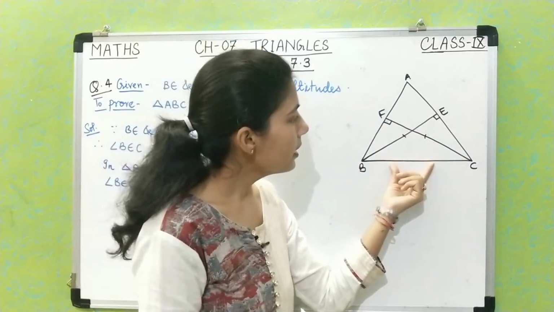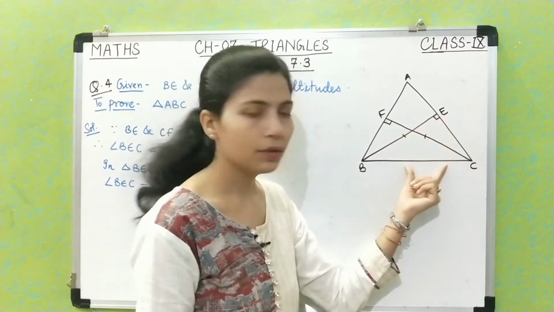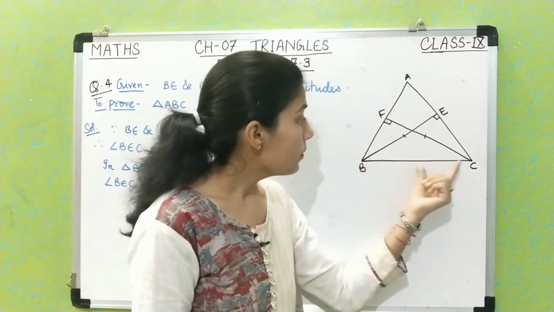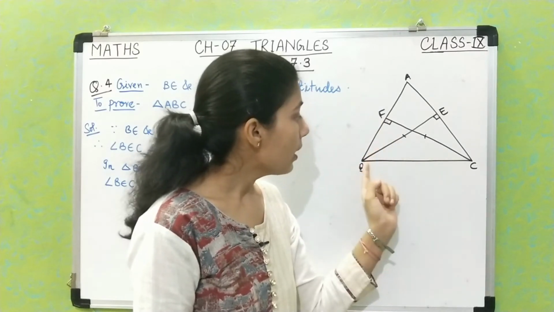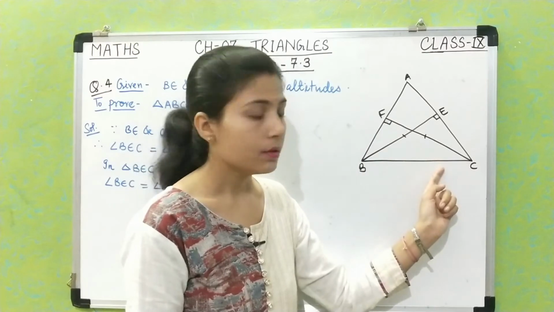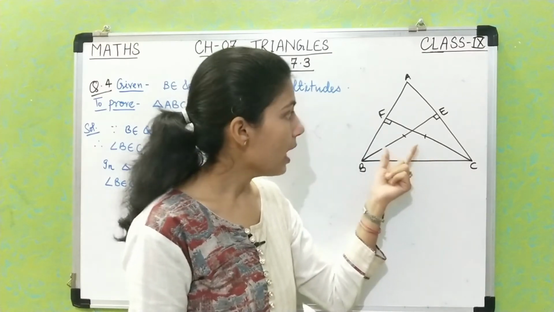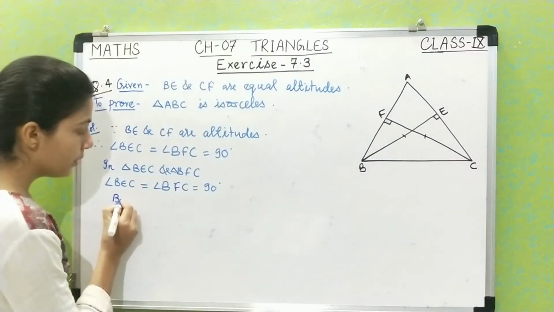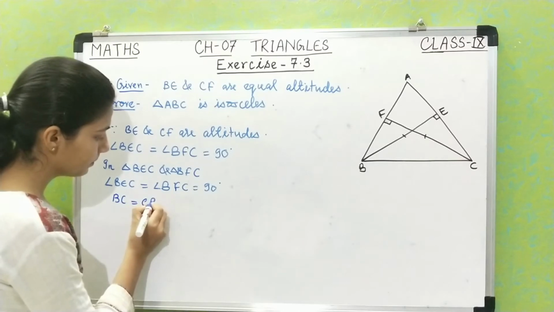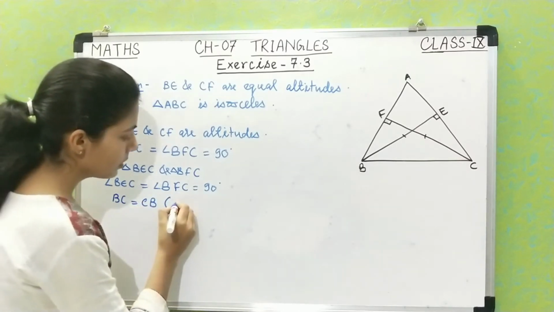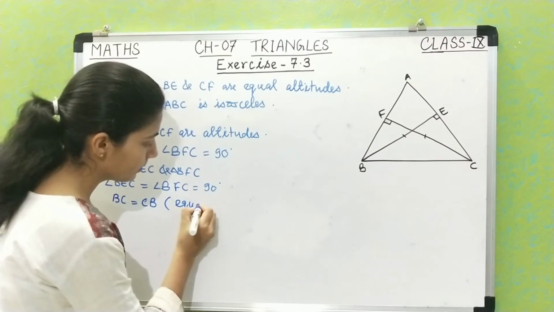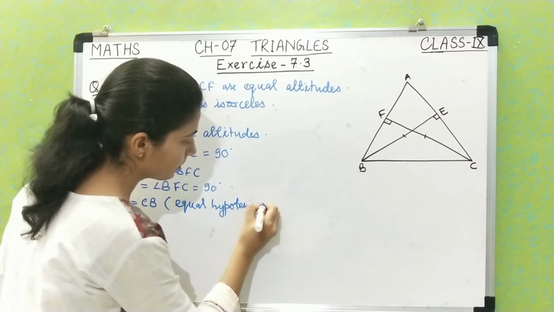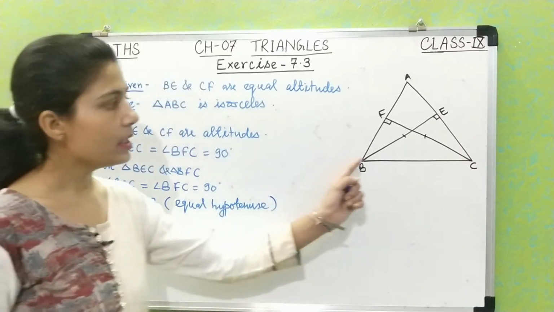So this side BC is opposite to angle BEC, so that will be the hypotenuse for this triangle, and this side BC is also opposite to right angle BFC, so BC will also be the hypotenuse for triangle BFC. Okay, so here BC equals CB. Why? Because these are the equal hypotenuses.